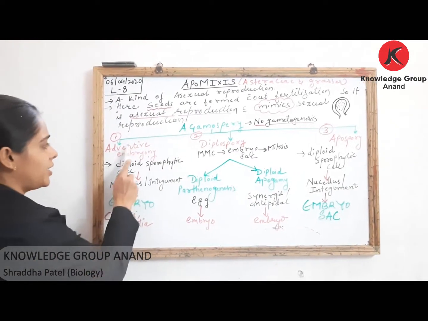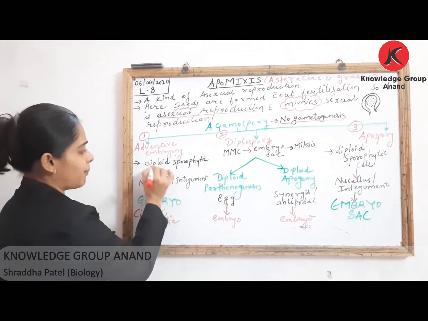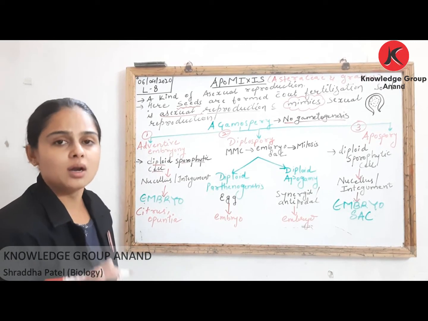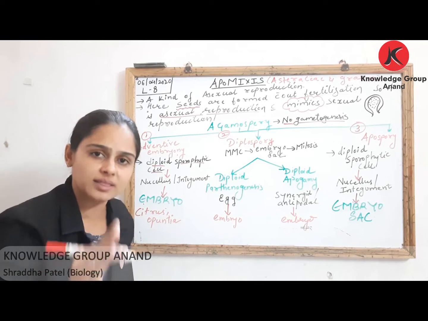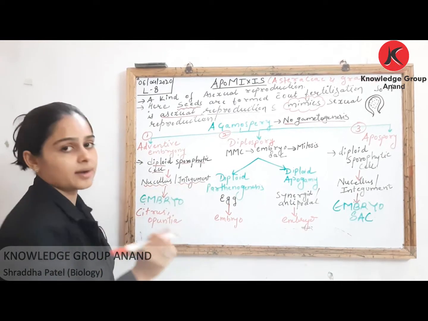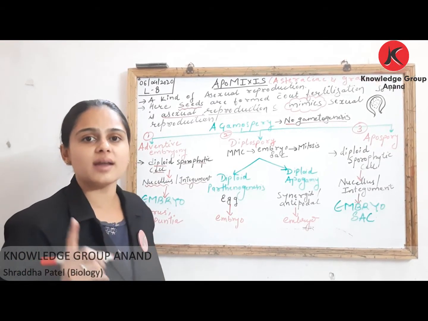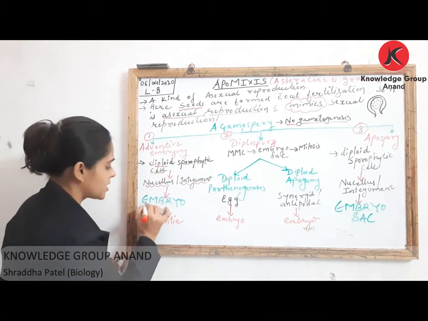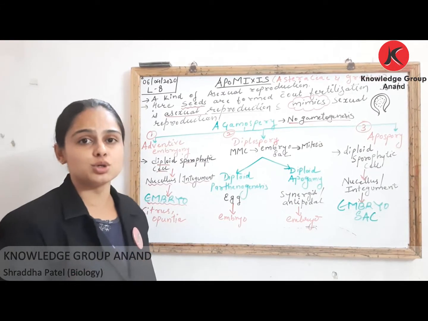So in adventive embryony, I am talking about these diploid sporophytic cells, and these cells are nothing but cells of your nucellus and integument. These cells of your nucellus and integument directly form the embryo. Understood here? मतलब embryo will be 2n.